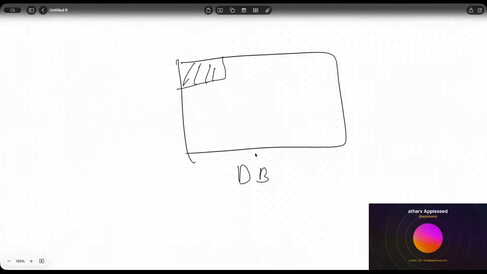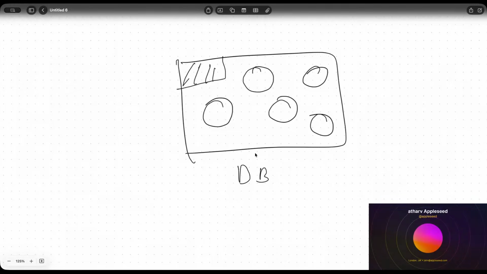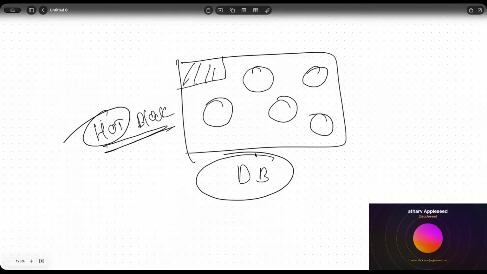Let's say if we take this chunk, this chunk, this chunk, the reads on each of the chunks are the same. There is no difference, so there is no hot shard or hot block here. Everything is hot. Our entire DB is being accessed. So in this case, what can we do?